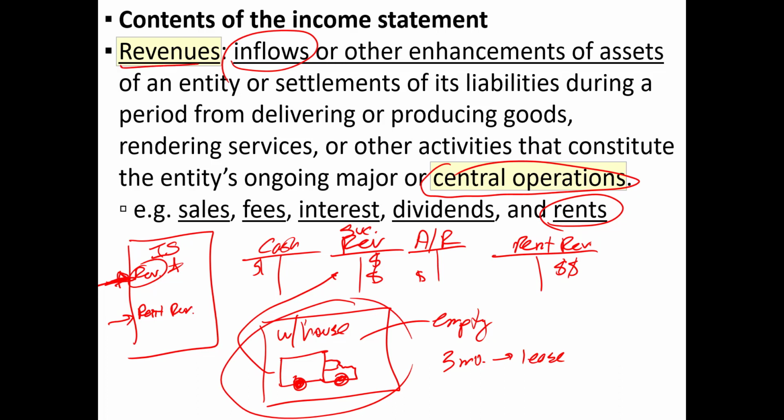So when we're talking about revenues, generally we're talking about those that result from central operations, such as service revenue. But if we do have any type of incidental revenue, say from subscription fees, or maybe we have dividends from investments.